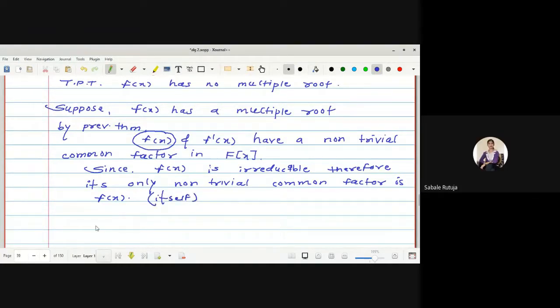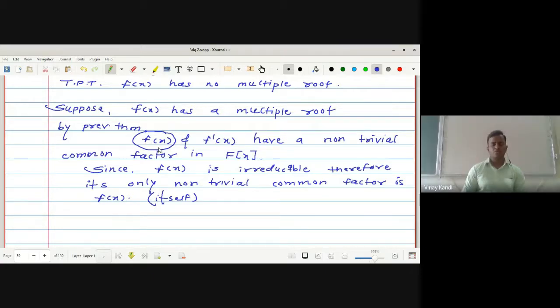Yes, sir. Okay, now f(x) is irreducible, so we cannot write it in the form of a product of two polynomials such that the degree of those two polynomials is less than that of f(x). Since f(x) is irreducible, therefore its only non-trivial common factor is itself, that is f(x) divides f(x). So here, f(x) and f'(x) have a non-trivial common factor in F[x].